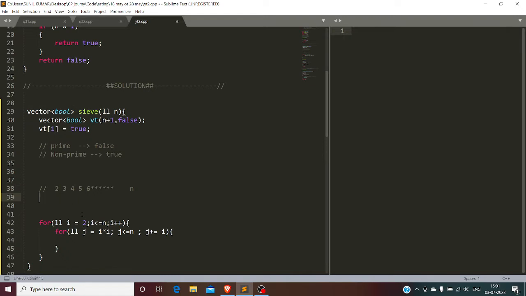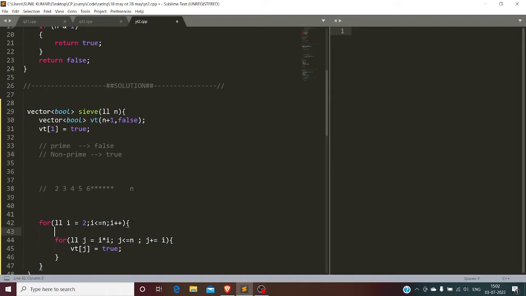So I'm taking an i and going to its multiples and making them non-prime. So let's make them non-prime, which means true. As I said earlier, we are storing non-prime as true in the vector, right?